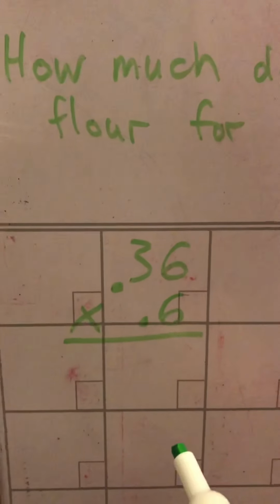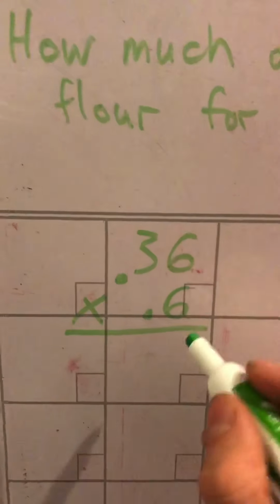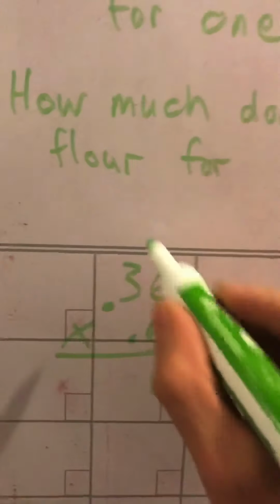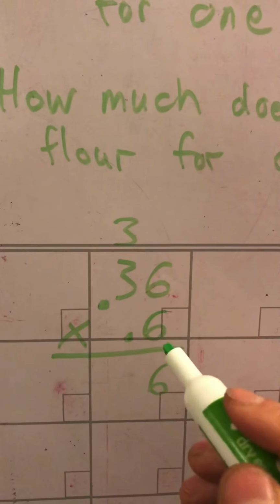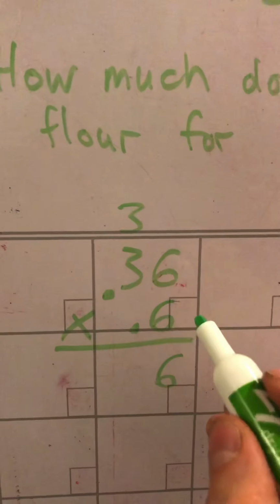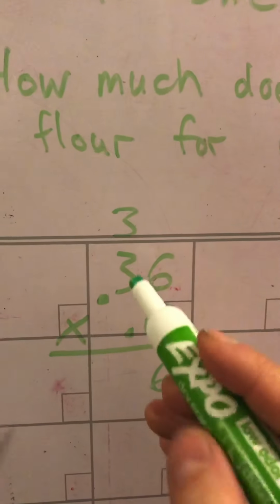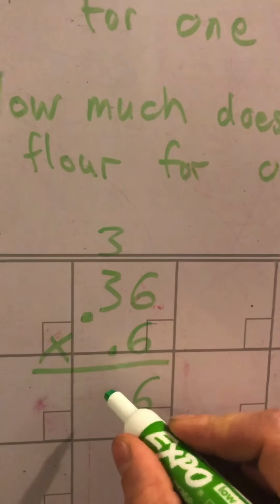So what's 6 times 6? It is 36. What's 6 times 3? 6 plus 6 is 12, plus 6 is 18, plus 3 is 21.